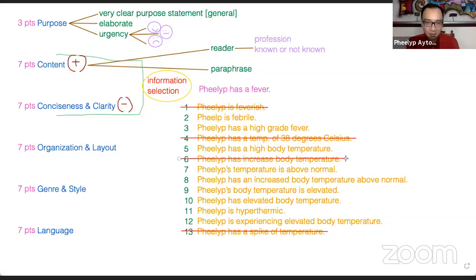Yes. So which number here is redundant? Therefore, it's 8. Okay. Good.